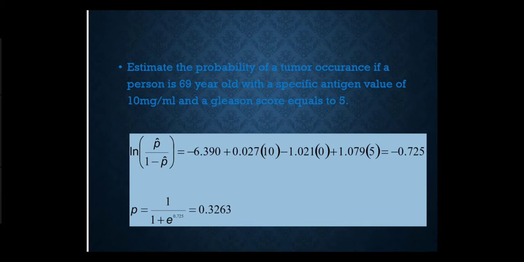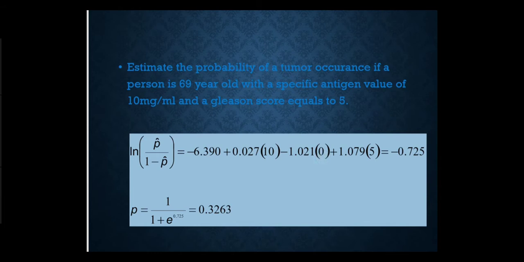So using the binary logistic regression function that we have earlier, just replacekan di sini the SAV value with 10 sebab dia bagi 10. Di sini 0. Kenapa 0?